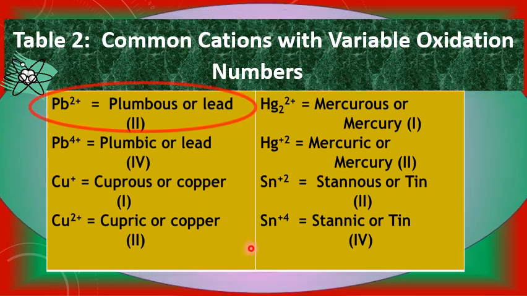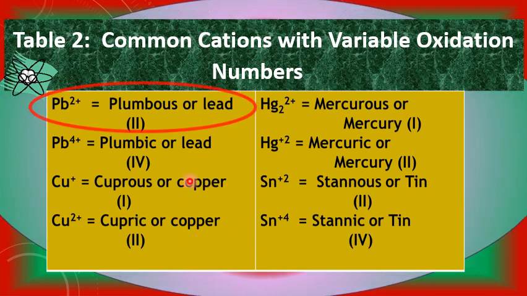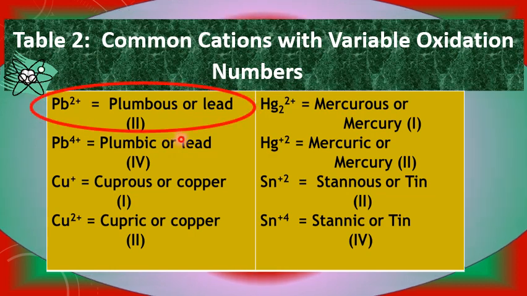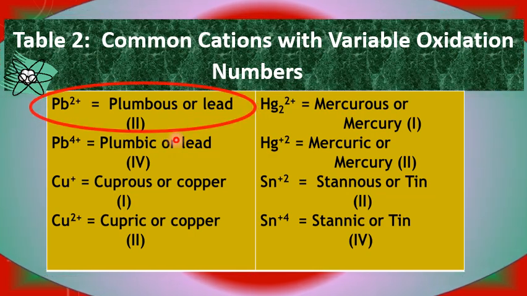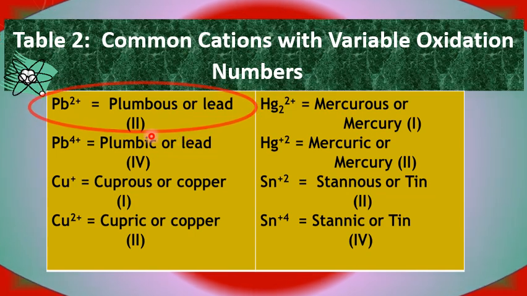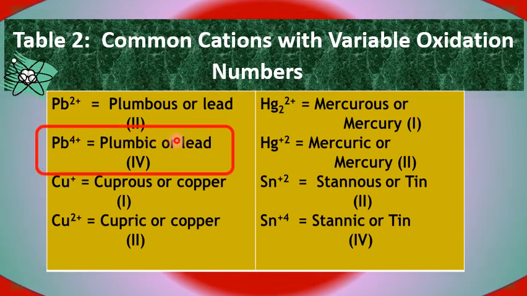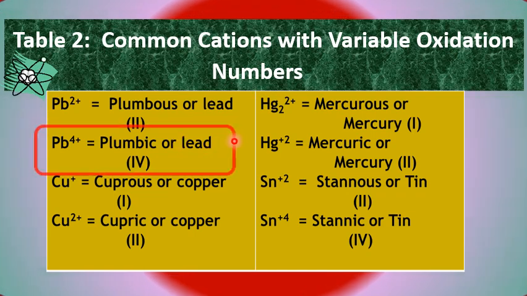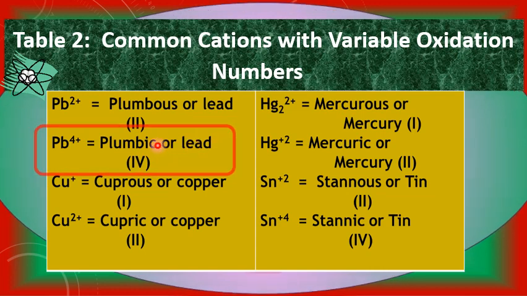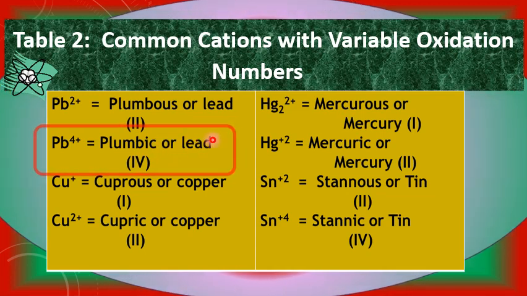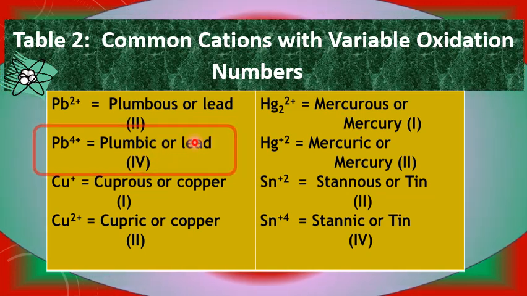Using the suffix -ous is what we call the classic system, while using the Roman numeral is what we call the Stock system.